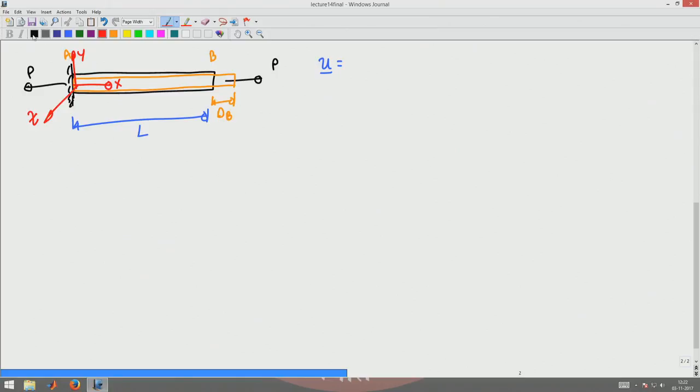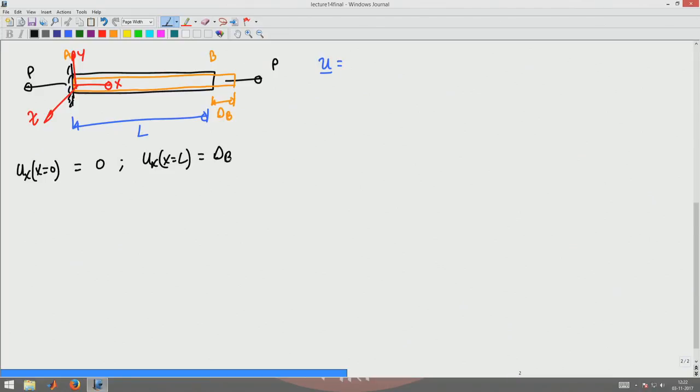That is, the x component of the displacement at x equal to 0 is 0, and the ux component of the displacement at x equal to L is delta B.